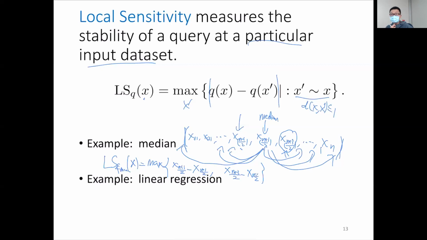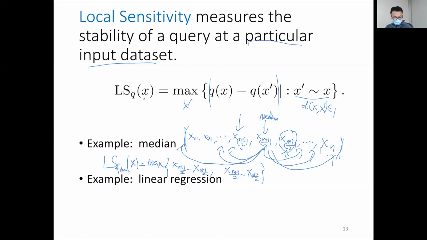This is the largest possible perturbation to the median, which can be realized, as Kai-Chi nicely pointed out. So we can simply move this median around between these two boxes that sandwich it in between. And in practice, when you have much denser data points around this median, then the local sensitivity can actually be quite small.